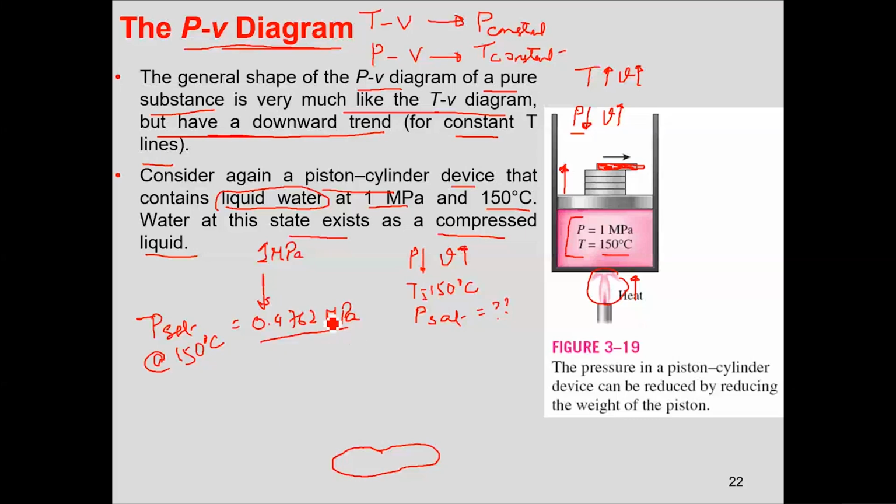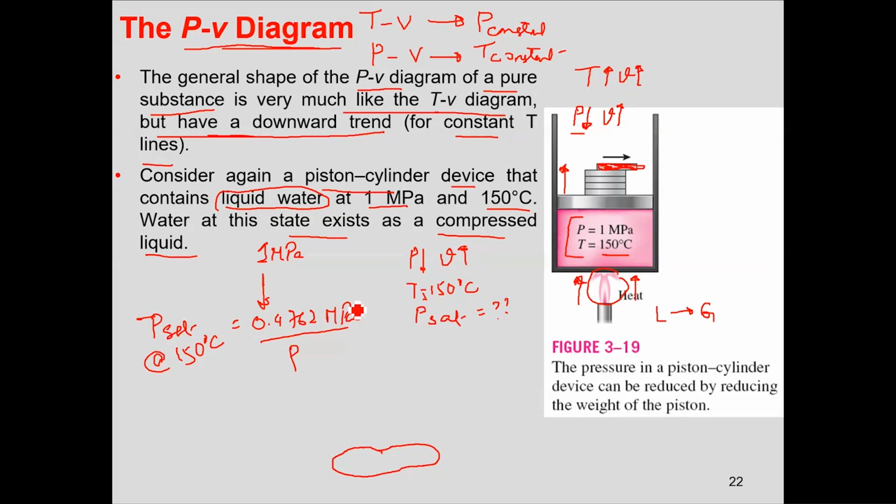What would happen at this pressure? The liquid starts to evaporate. At this pressure, if you keep the pressure constant at 0.4762 and the temperature is also constant, the heat being added into the system would be utilized to convert liquid into the gaseous phase, because this is the saturation pressure.